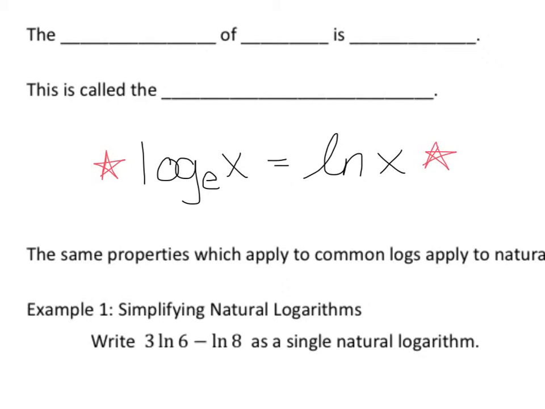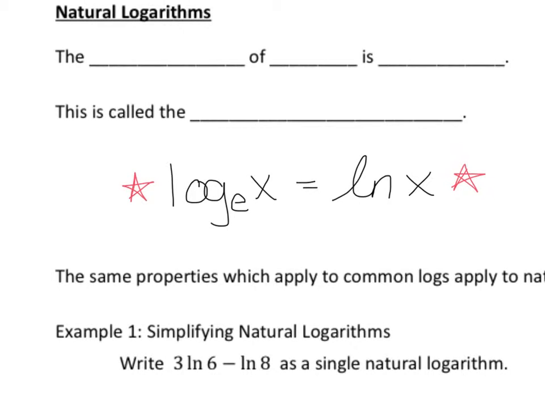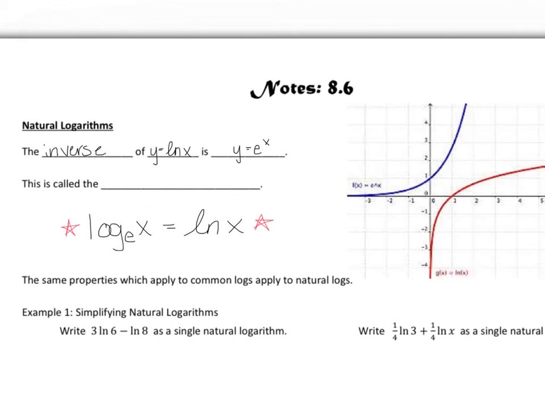Now we don't actually have to graph any of these, but just so you know, the inverse of our natural log, so y equals ln of x, is y equals e to the x. So to graph it, we would graph e to the x, which is this blue thing, y equals e to the x, and then we reflect it, and we get our natural log.